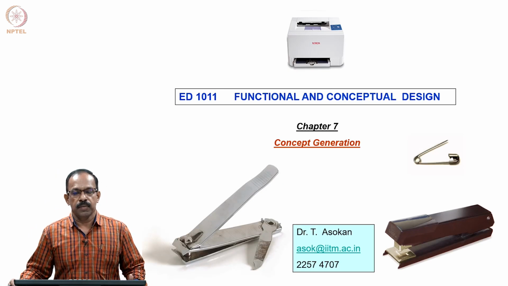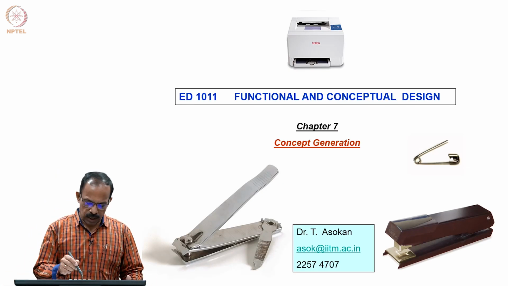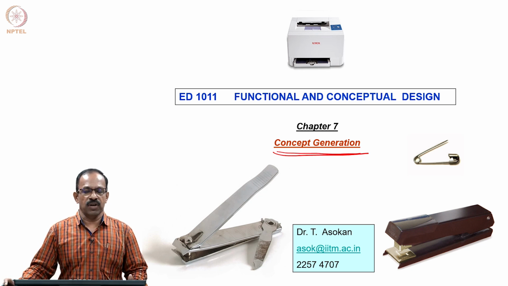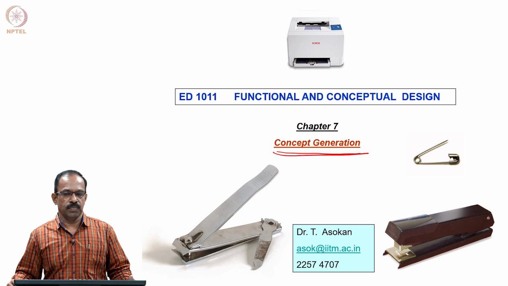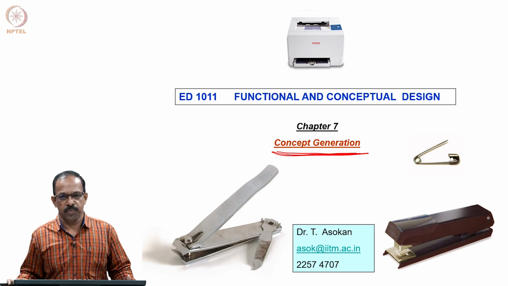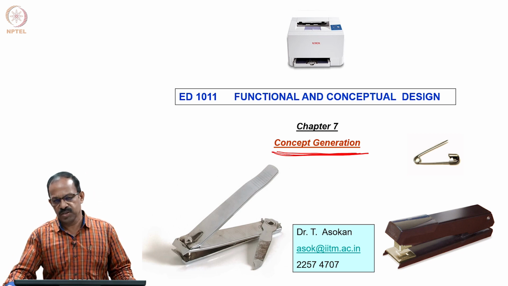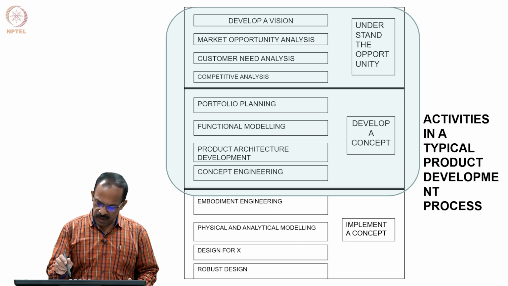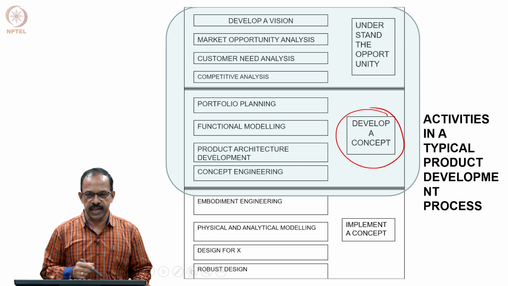So, as I mentioned, we will be going to the concept generation stage now. So, from the functions to the product architecture to the concept. That is the stage we have reached now. In this section, we can see that we are in this stage of product development.